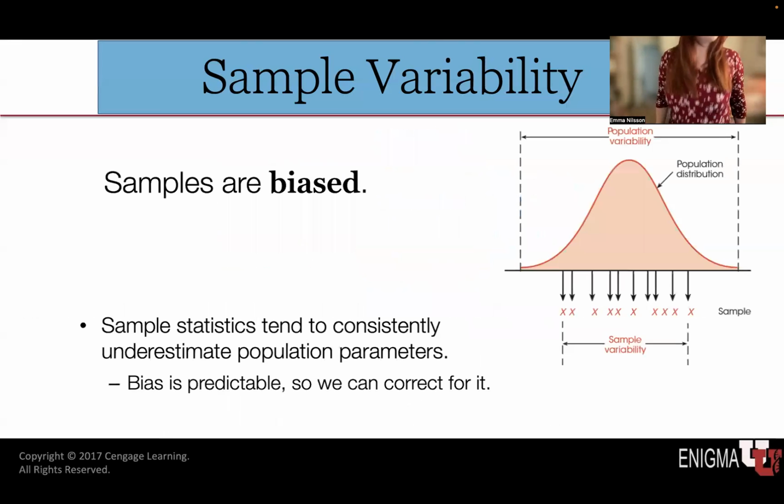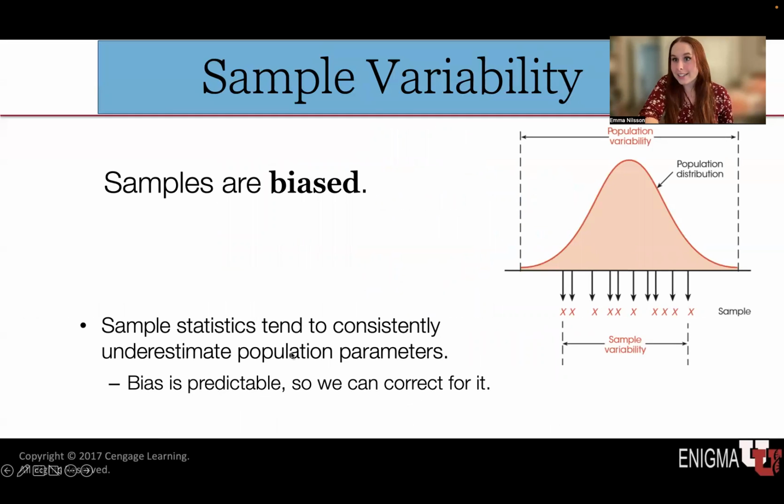Okay, so a problem arises when the variance that we have calculated is used to estimate the variance of a larger population. The problem with that is that the variance of the sample tends to underestimate the variance of the population.